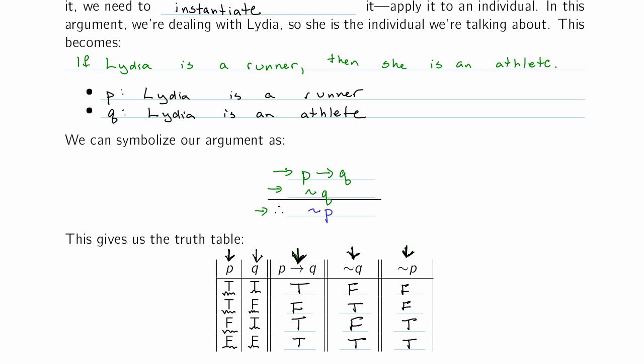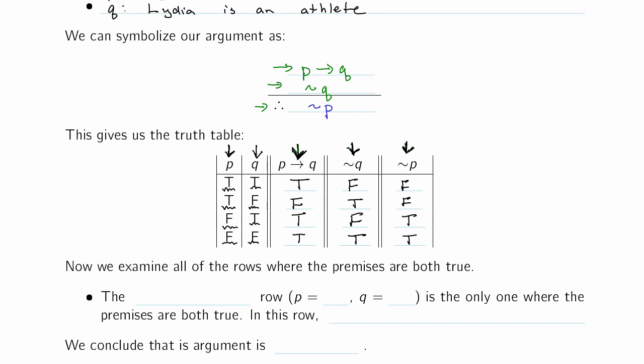What do we do with it? We want to examine the rows where the premises are both true. So here are our premises. So in this row, our second premise is false. In this row, our first premise is false. In this row, our second premise is false.